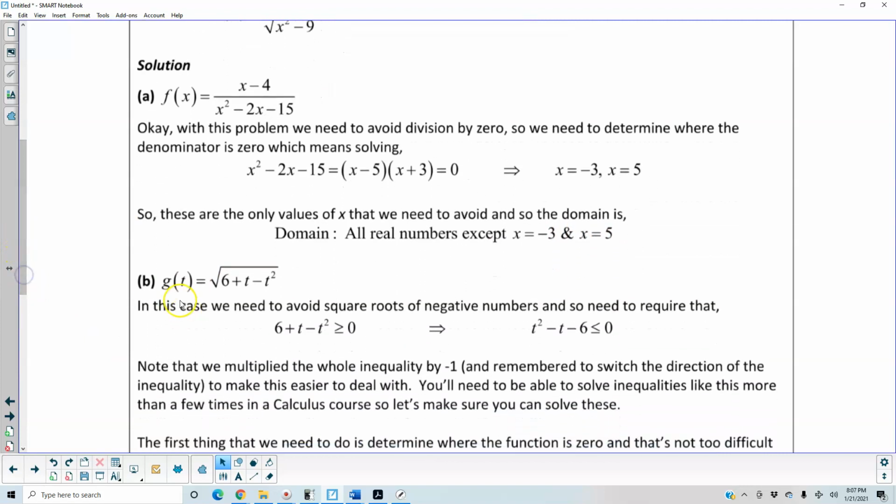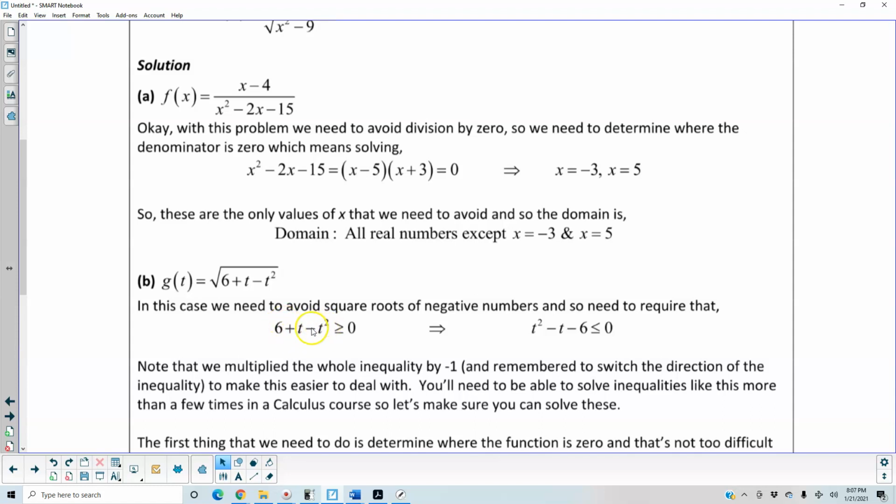Part B, g of t is equal to the square root of 6 plus t minus t squared. In this case, we need to avoid square roots of negative numbers. And so we need to require that we're going to set what's under the radical to be greater than or equal to 0. Now what we want to do is make sure that the negative t squared becomes a positive.